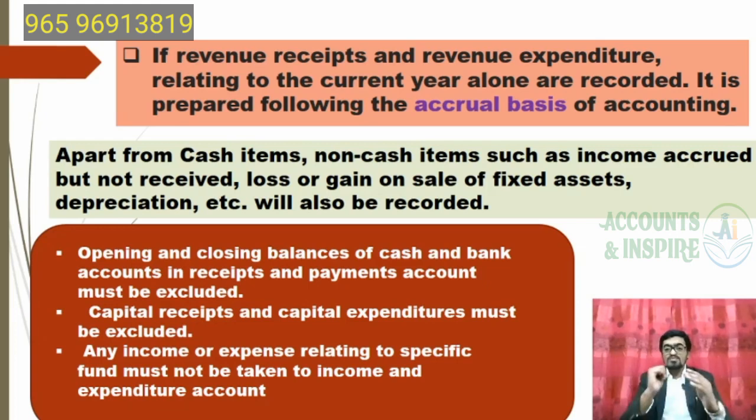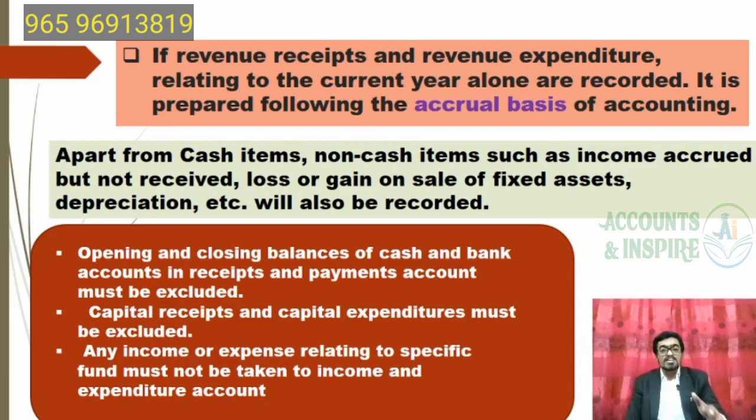In the income and expenditure account, we will record only the current year information, and it follows the accrual basis of accounting. What is the accrual basis of accounting? We know there are cash basis and accrual basis. Cash basis is very simple: we record only cash transactions, depending on whether the amount is received or not.